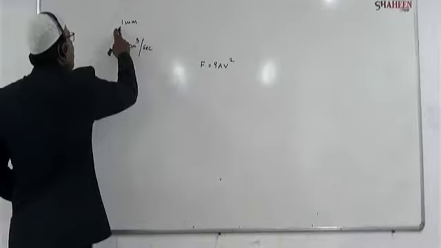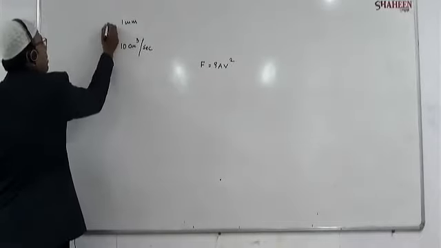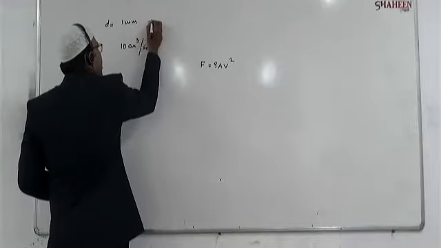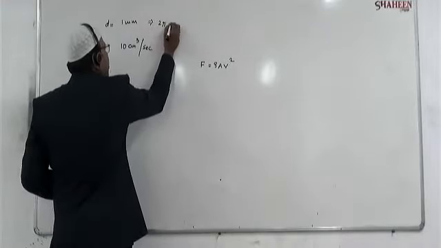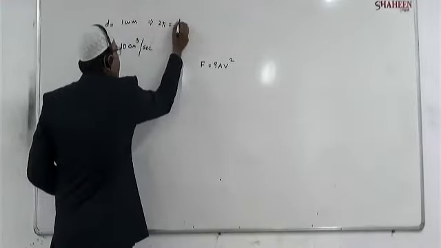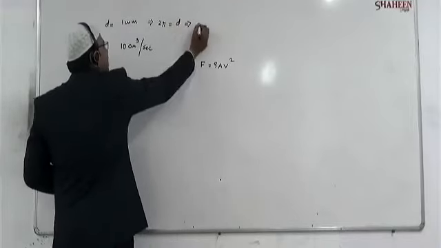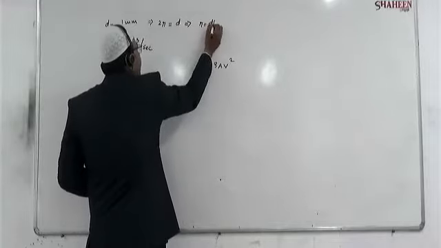Now coming to this, the diameter is given as 1 mm. Twice the radius is called the diameter, so r is equal to d by 2.